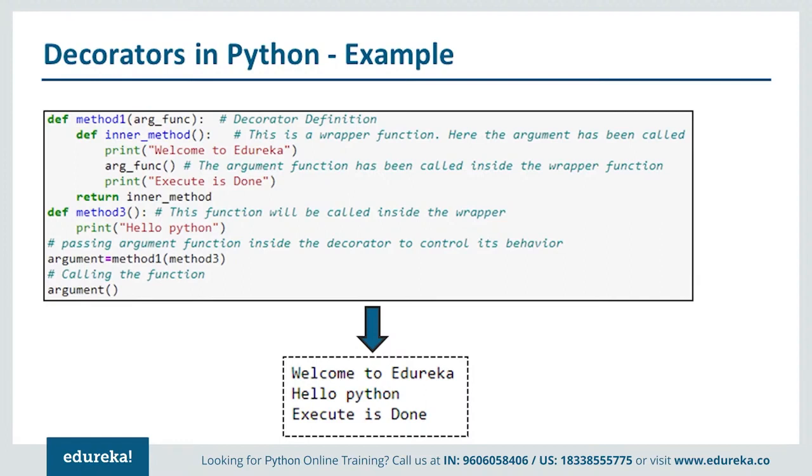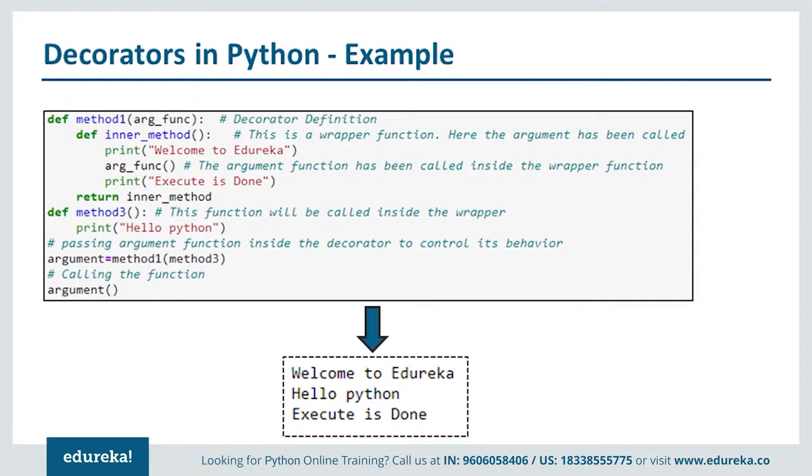Now the main part is the decorators here. Argument is equal to method 1 bracket method 3. This is where I'm making argument a function, in which I'm calling a function inside a function. You cannot directly call a function with a function as an argument there. Instead, you have to create a decorator, and in this case we are using the argument as a decorator.